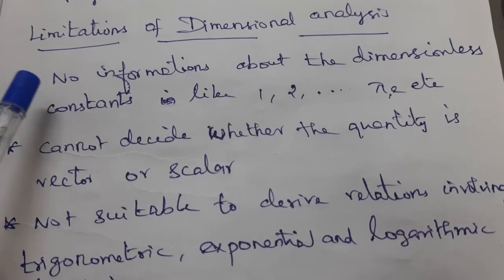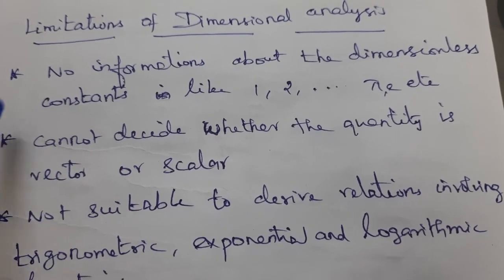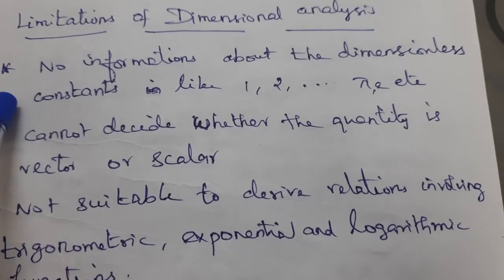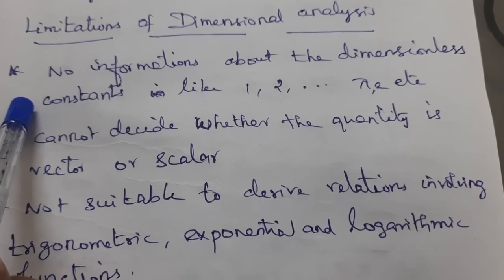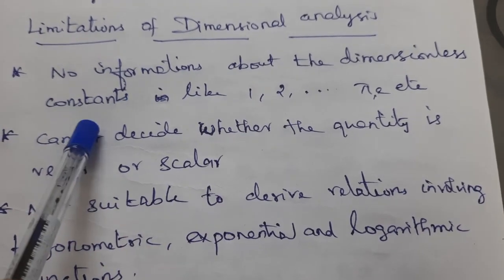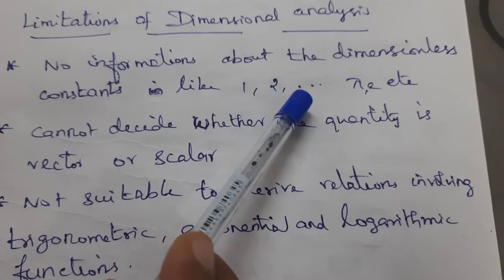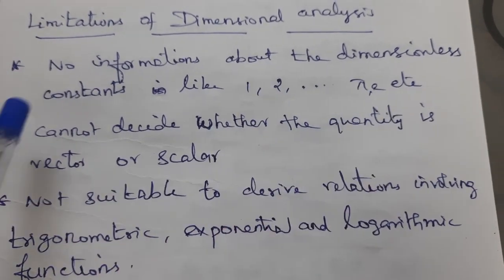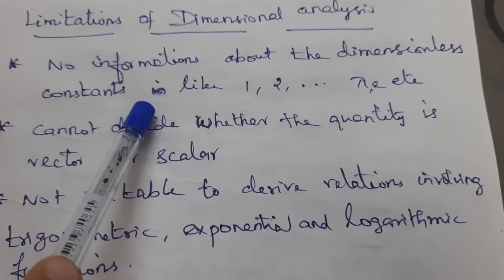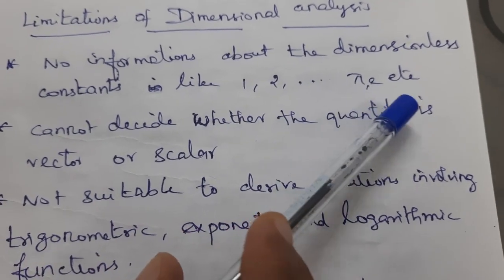Next, limitations of dimensional analysis. We have seen the uses, now the limitations. What are the limitations of dimensional analysis? This method gives no information about the dimensionless constants in the formula like 1, 2, etc., pi, e.